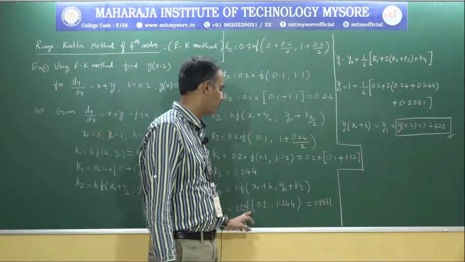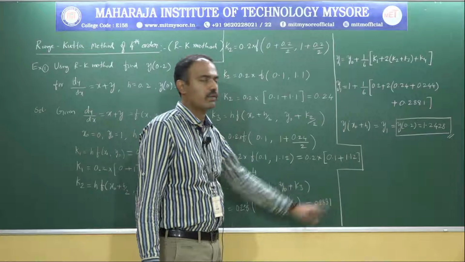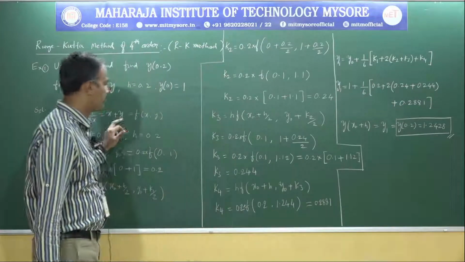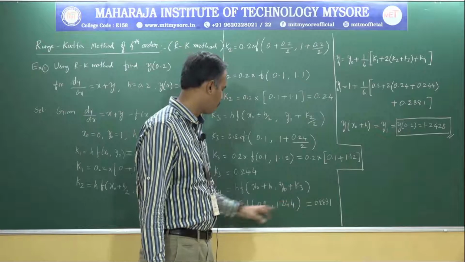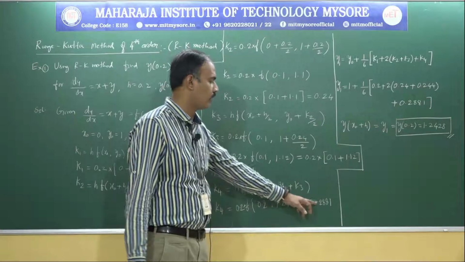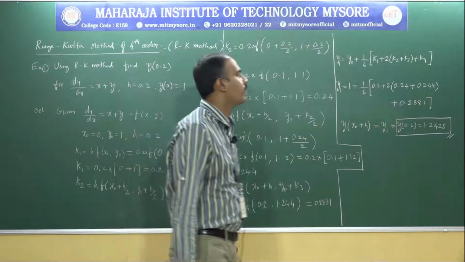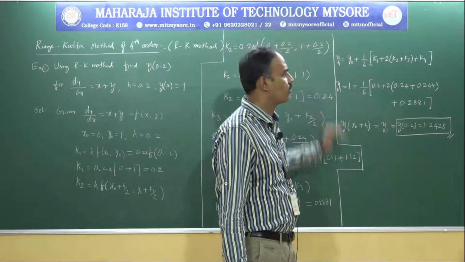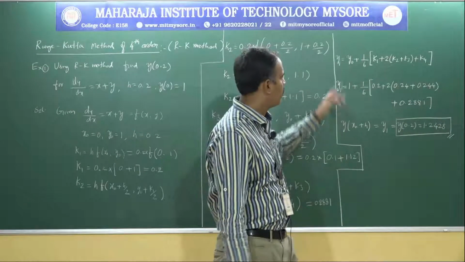Substituting in the function, the function is x plus y, so 0.2 plus 1.244, into 0.2, we get 0.2881.